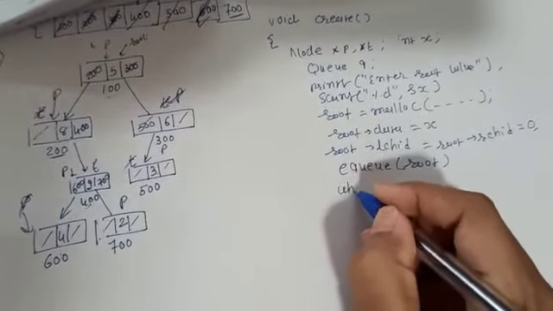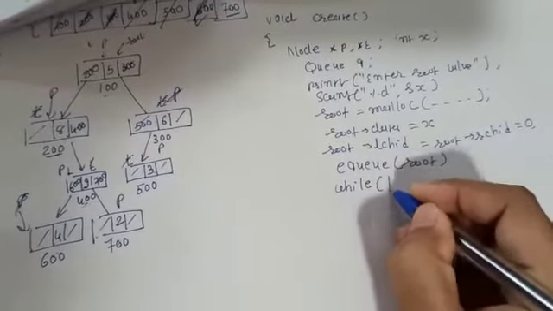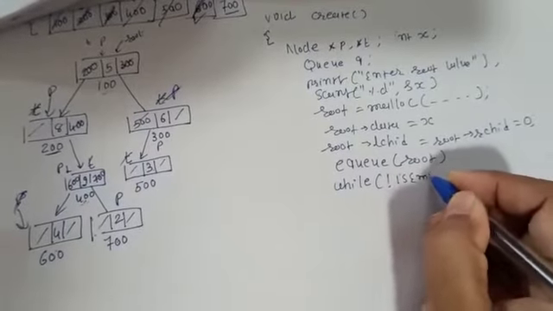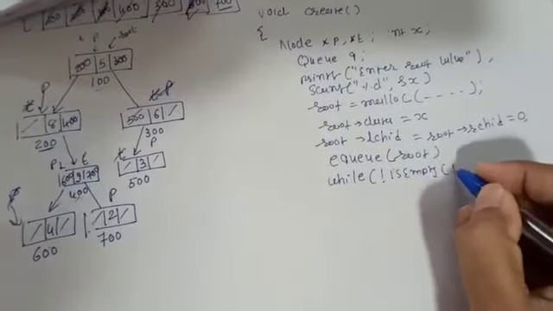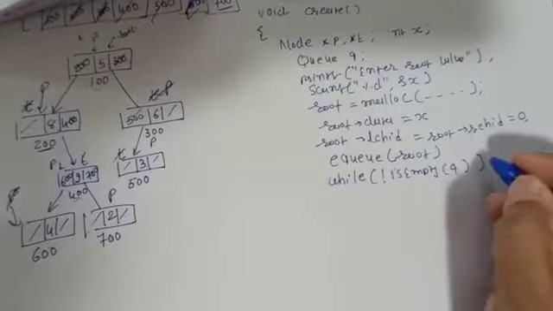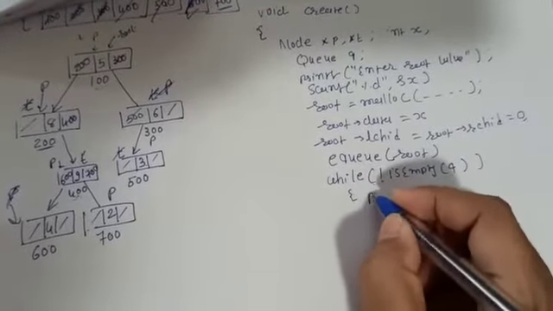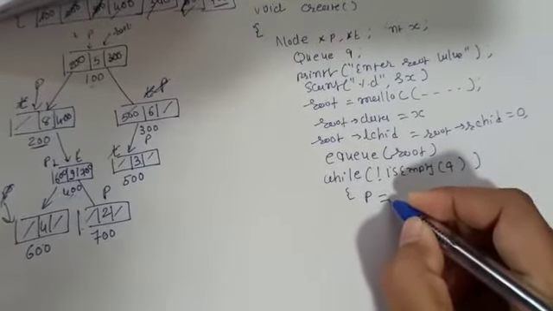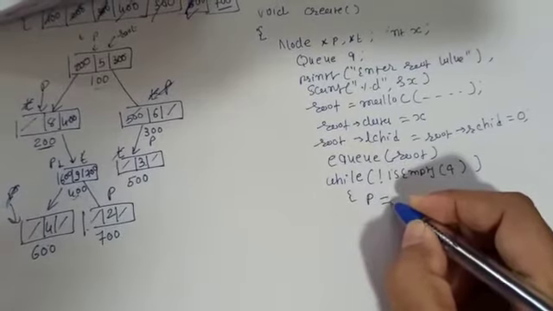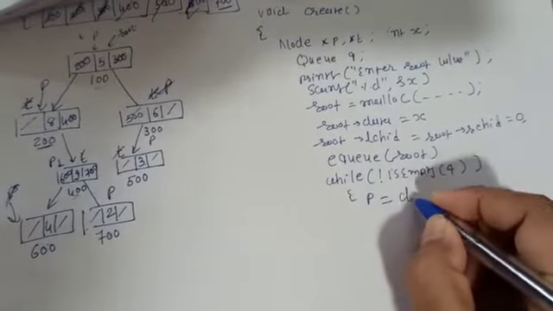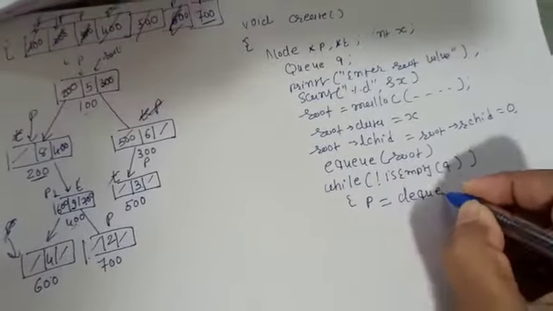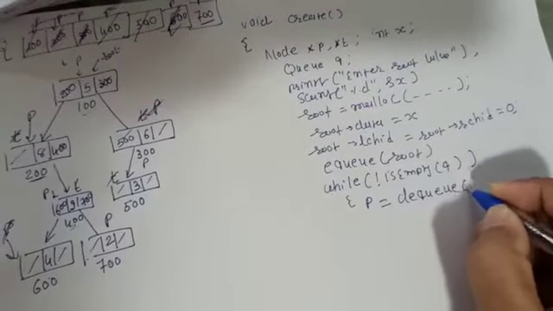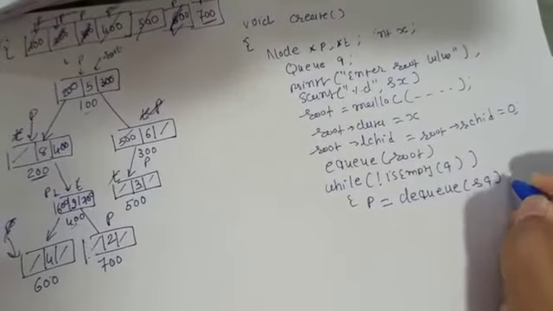Now while Q is not empty, we will point this p pointer to the dequeued node. So p is equal to deque q.